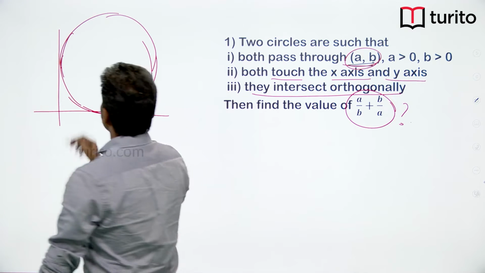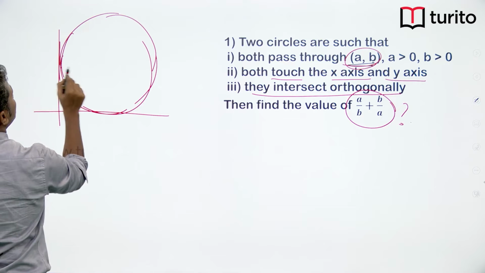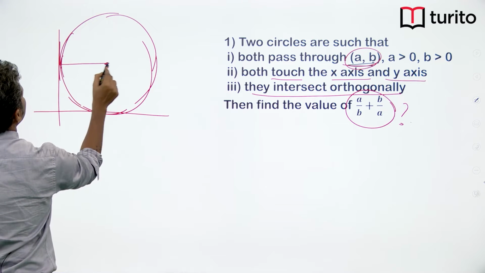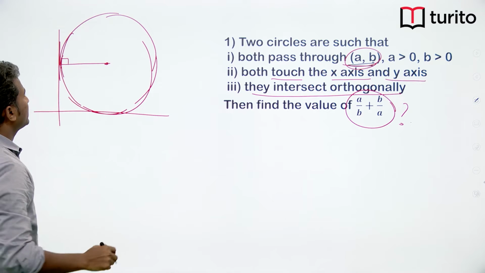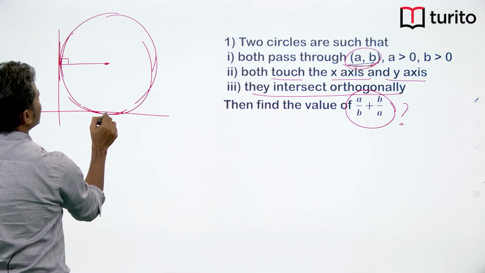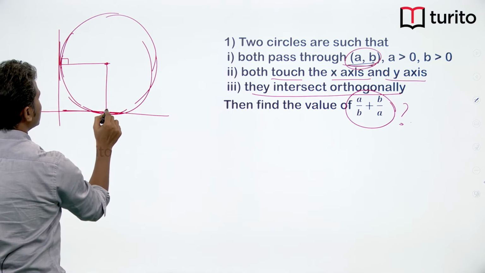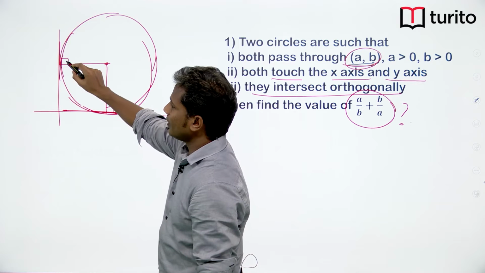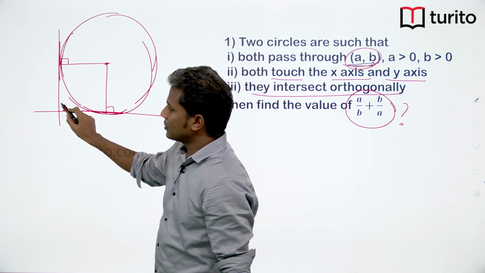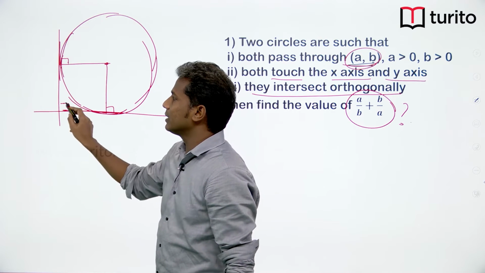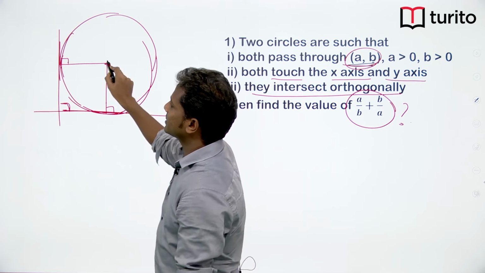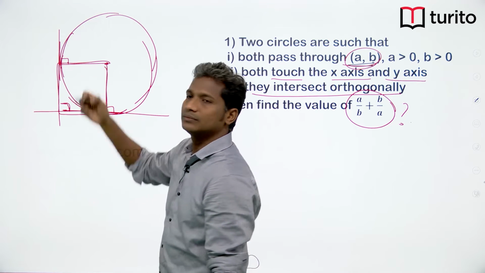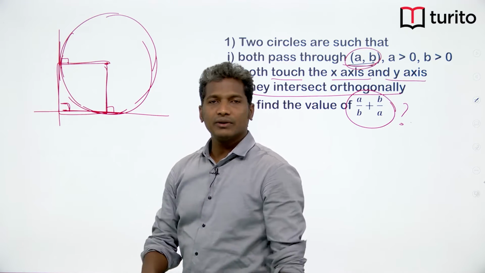So, here this y axis is perpendicular to the radius at this point of contact, and also this x axis is perpendicular to the radius at this point of contact. So, here we will get two right angles, and also x axis y axis are already making a right angle, which makes this a square, which means all sides are equal.